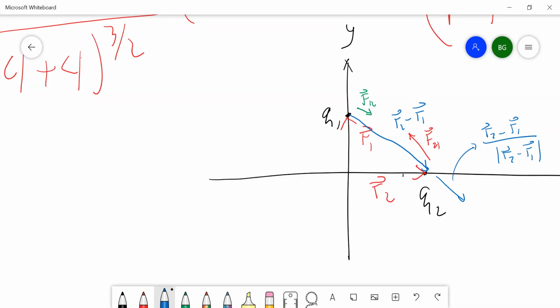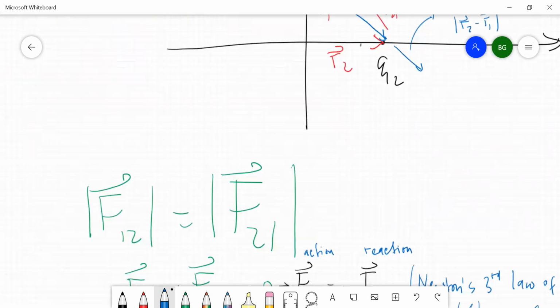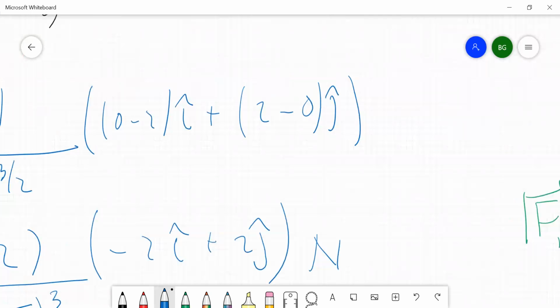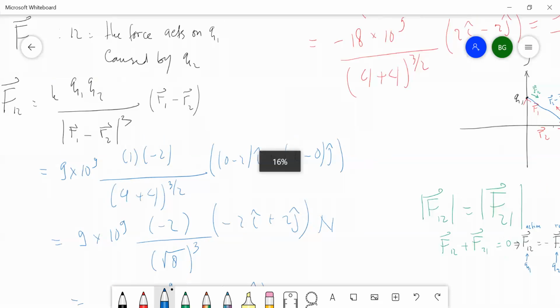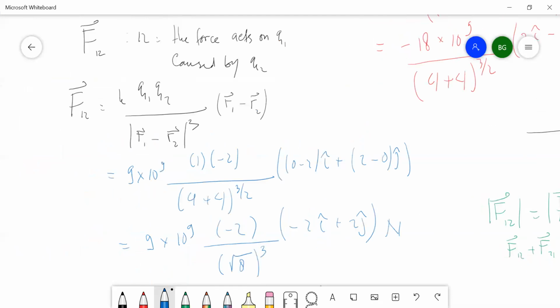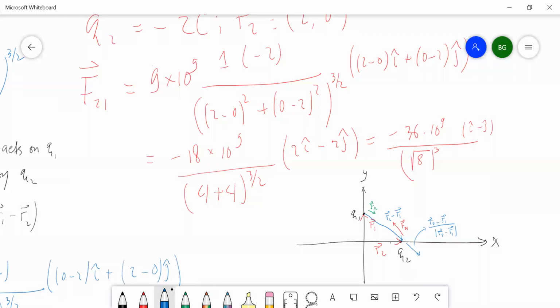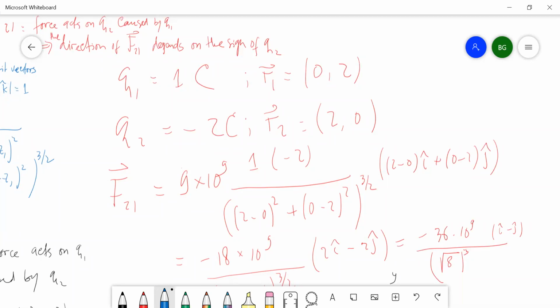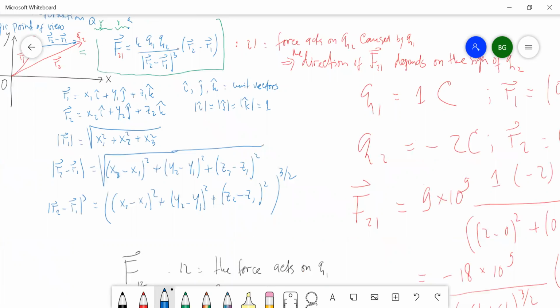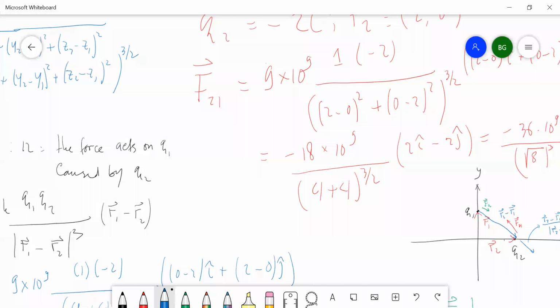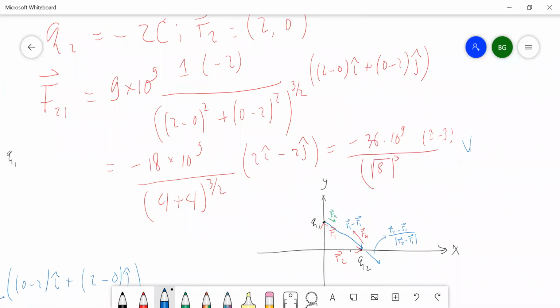So if you have an exam and the problem asks you to determine the force between two charges, the efficient way is to directly insert the data into the Coulomb force formula, and then you get the result directly.